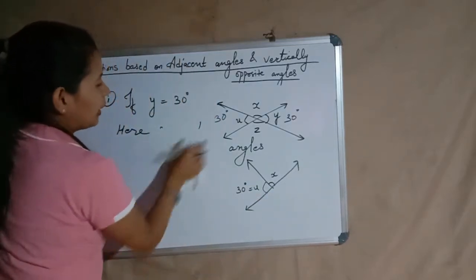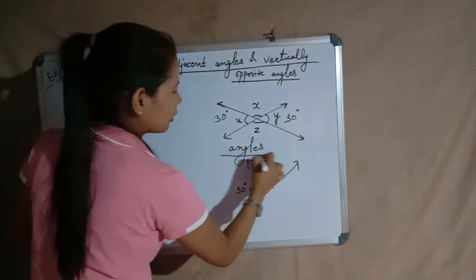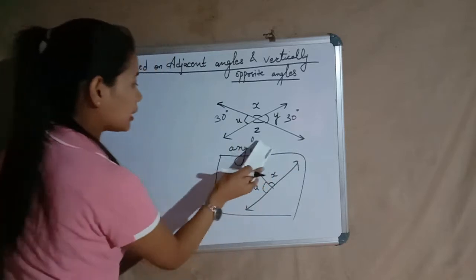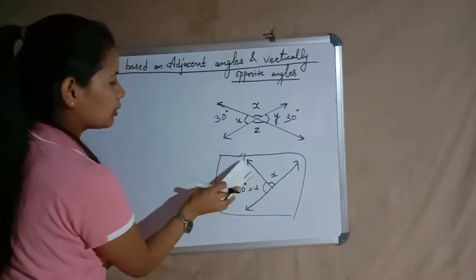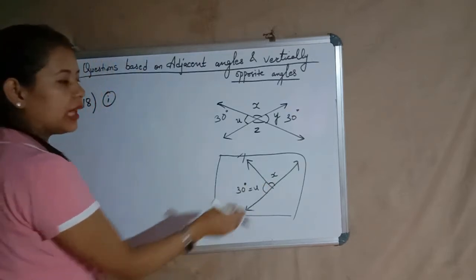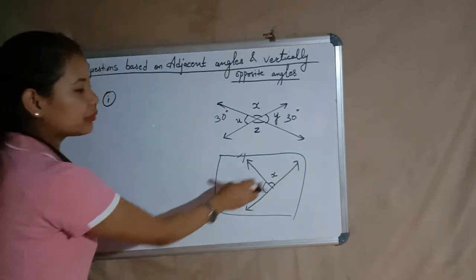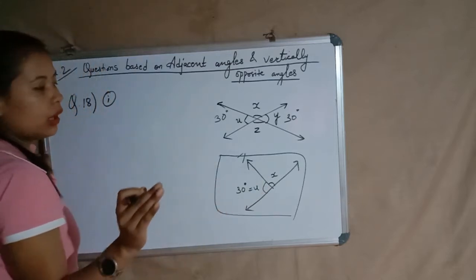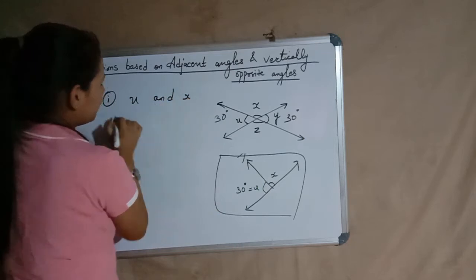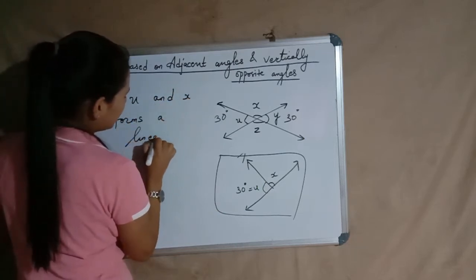We have found the value of U. In this part, these 2 angles, U and X, lie in a straight line. They are forming a linear pair. So the sum of these 2 angles will be equal to 180 degrees.